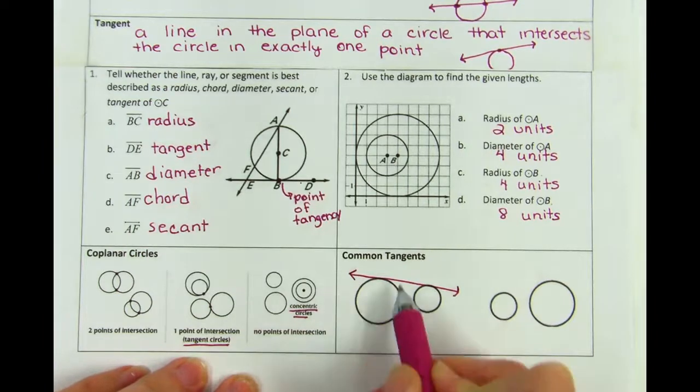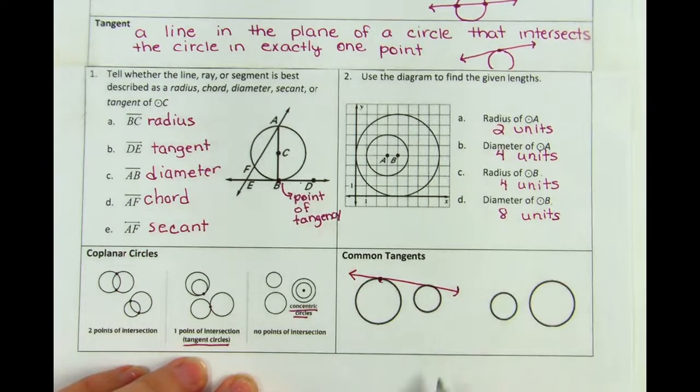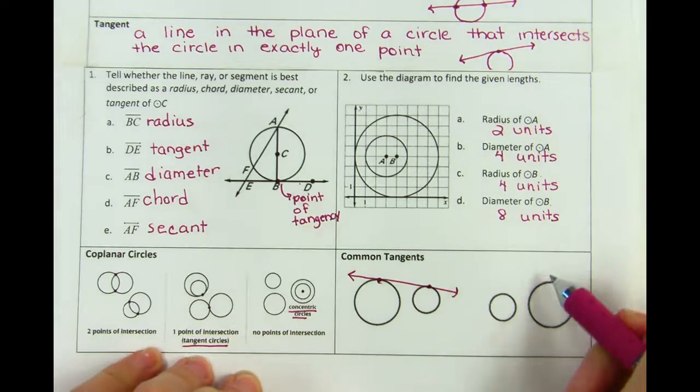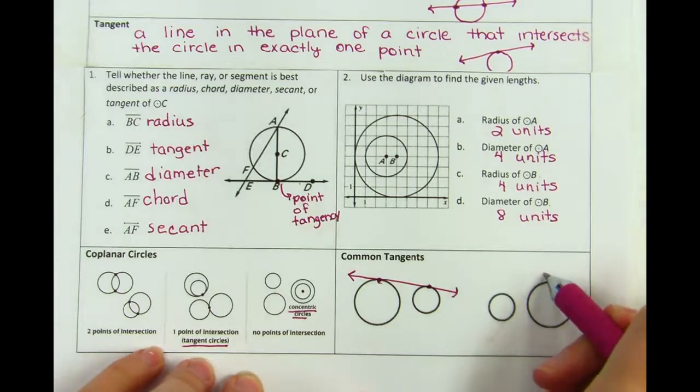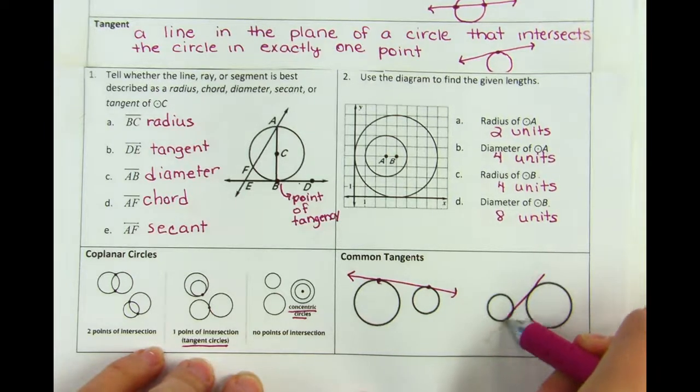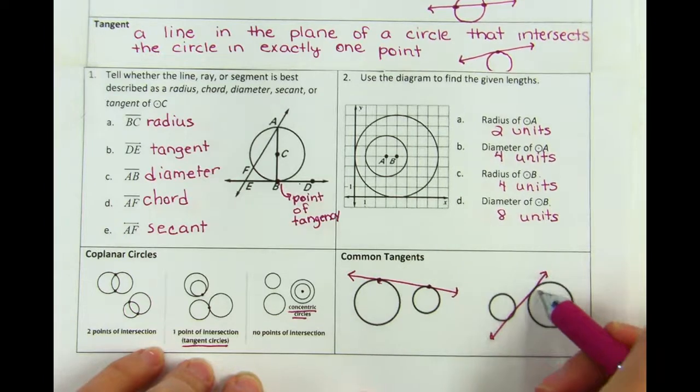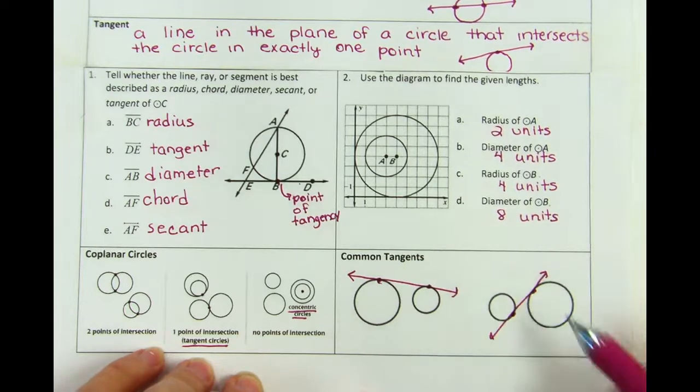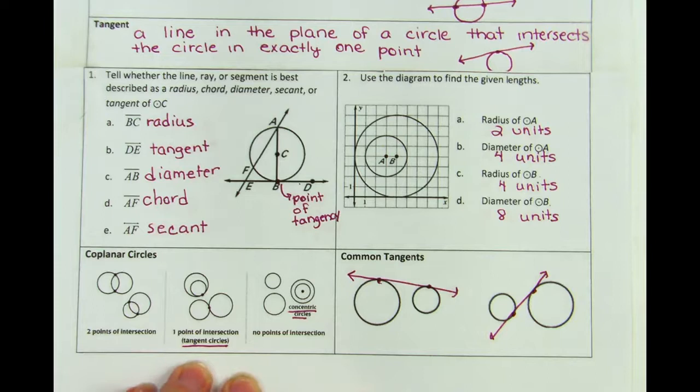It intersects that circle at 1 point and that circle at 1 point. Another way we could draw a common tangent is kind of on the diagonal. Common tangents intersect both circles in exactly 1 point.